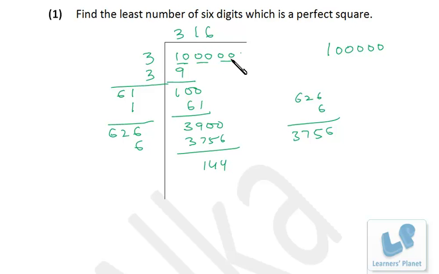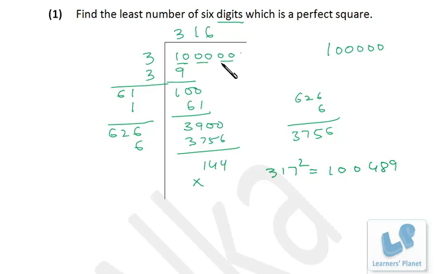So what we do, we find out the square of 317. Okay, so 317 squared is actually 100489, right? So we are having 144 left with us. So we don't have to do anything of it, because we just have to find the least number of 6 digits.